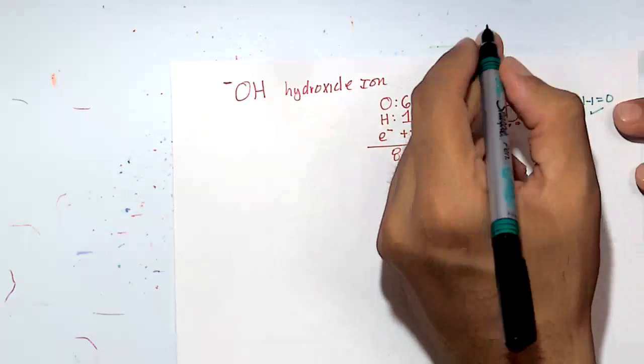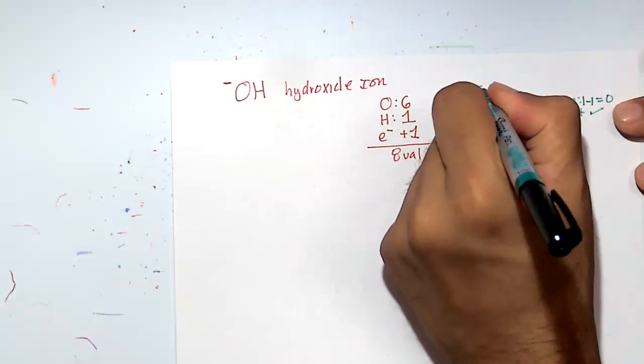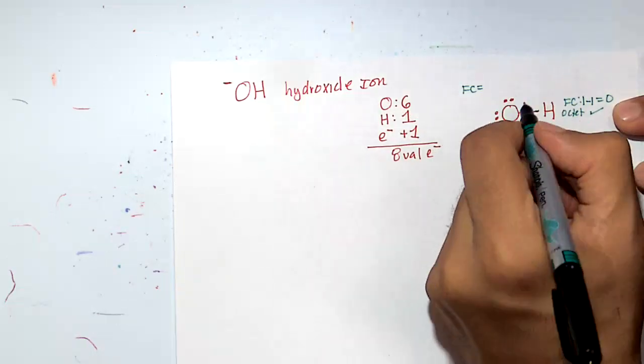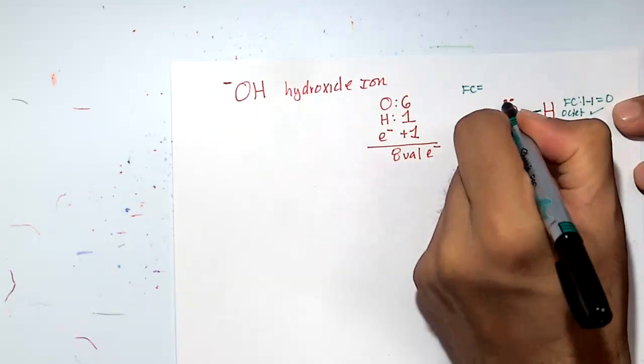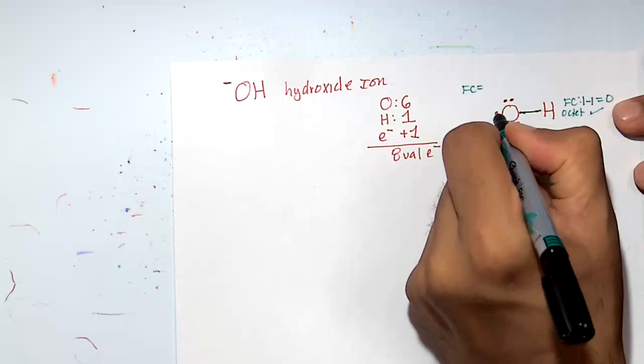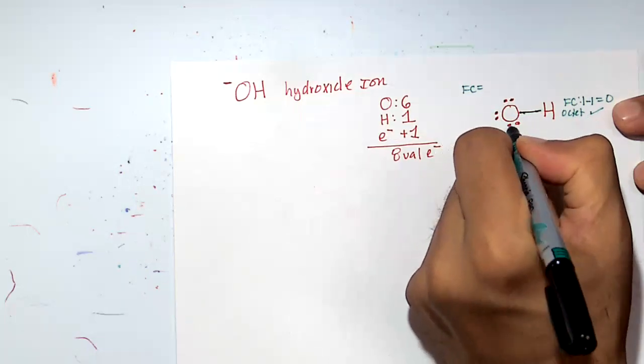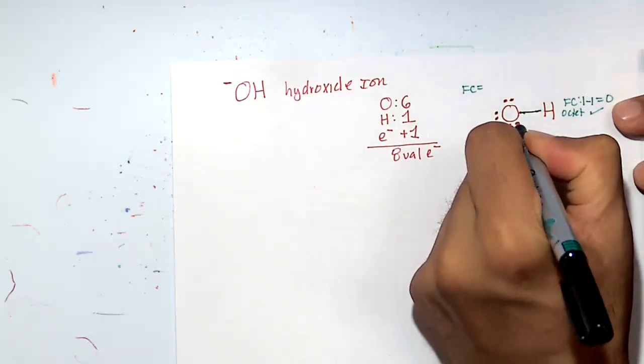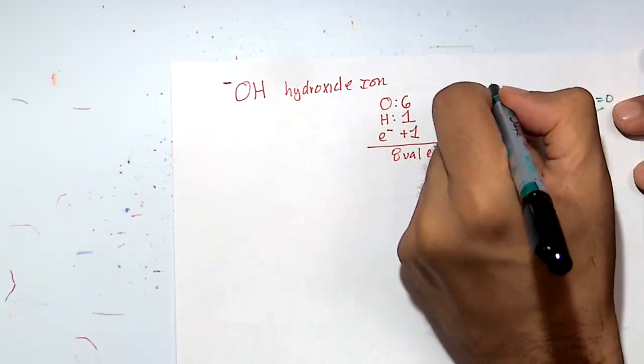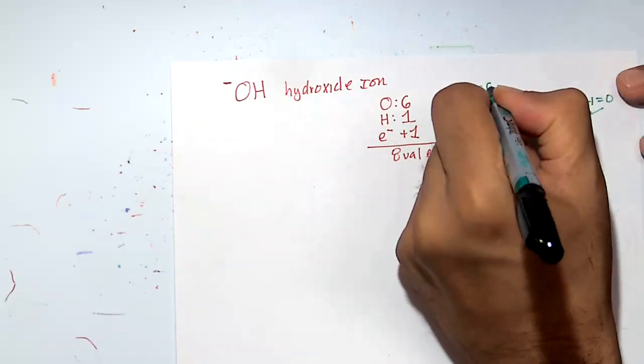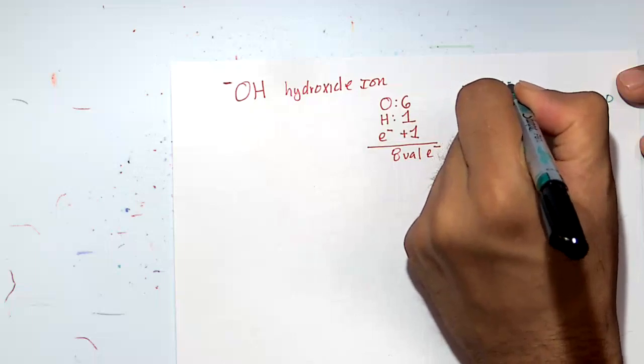All right, oxygen, formal charge. Okay, ready? Everyone watch this. 1, 2, 3, 4, 5, 6, 7. What is oxygen happy at? 6. What's 6 minus 7?